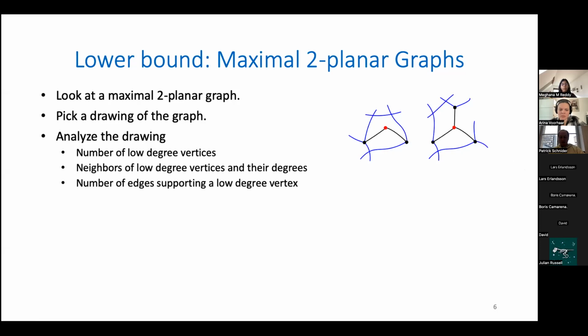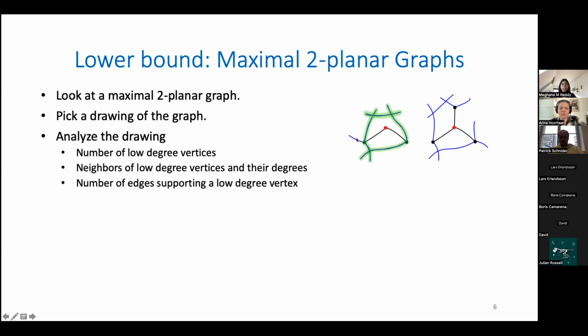Then we count the number of edges that support this low degree vertex. Now, what do I mean by support this low degree vertex? Let's say we have this degree 2 vertex. All the edges around it immediately have to be present in the drawing to somehow block edges from being added from this vertex to some other vertex in the graph.